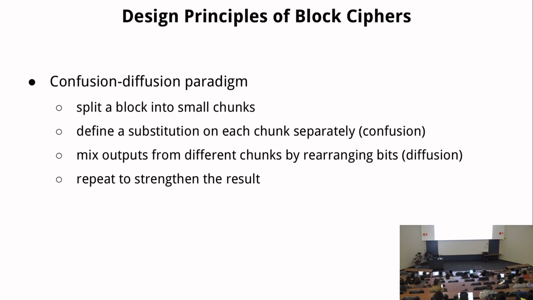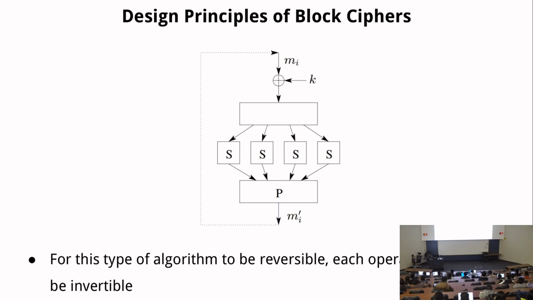Then we repeat this process many times to make it harder to find the correlation between the plain text and the ciphertext. Also, for each block we are encrypting, we try to split it into smaller chunks or smaller blocks.